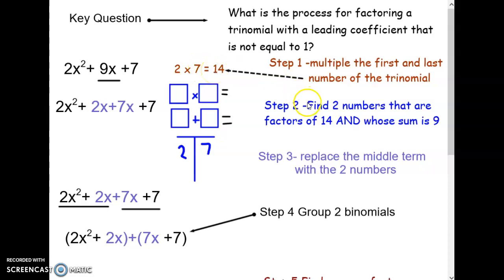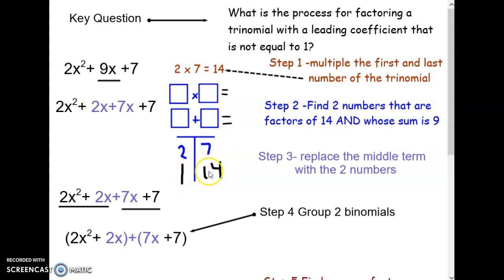Step 2, find two numbers that are factors of 14 and whose sum is 9. There aren't a lot of factors of 14. We have 1 and 14, and we have 2 and 7. The criteria is that these also have to add up to 9.